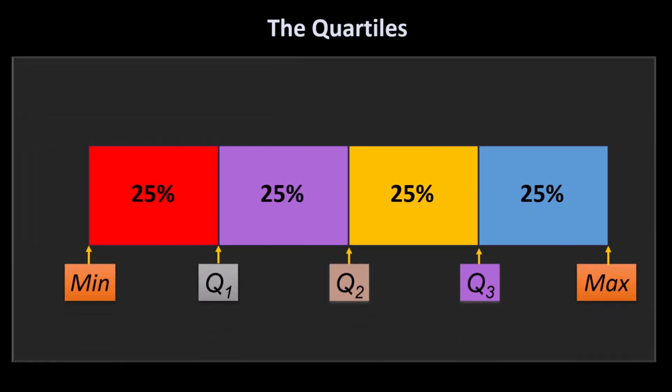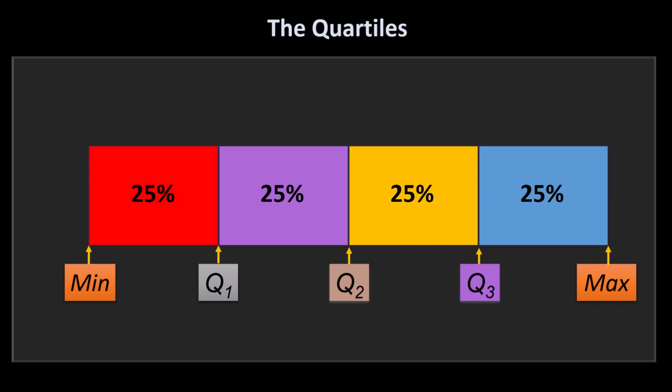Once we have a data set, we have to arrange our data observations in increasing order. Then we can find the Q1, Q2, Q3. You see the percentage between minimum and Q1, or between Q1 and Q2, or between Q2 and Q3, or between Q3 and max is 25%.